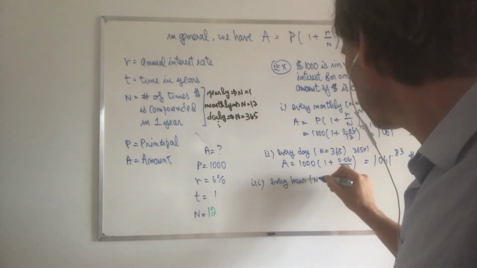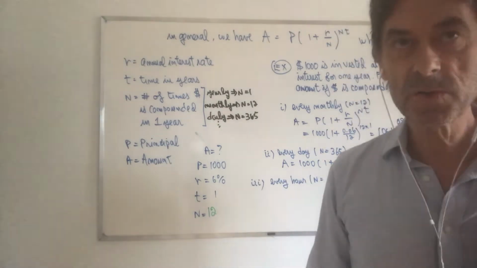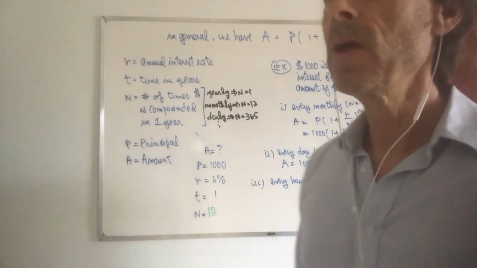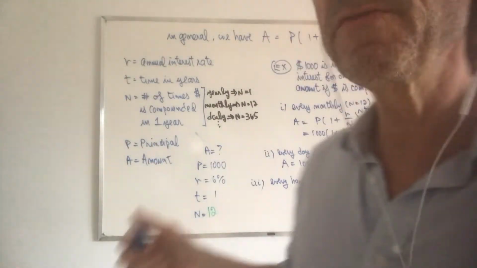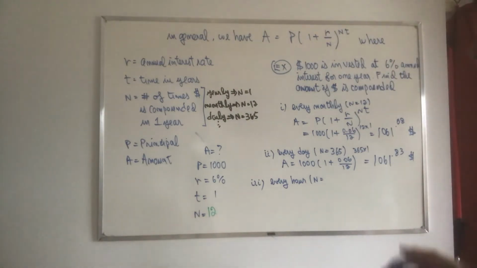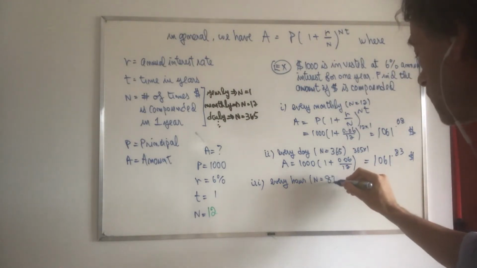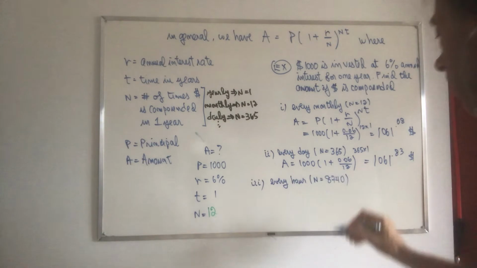Ooh, compounded every hour. How many hours are there in a year? Well, there are 365 days and there are 24 hours a day. So 365 times 24 is equal to 8740.